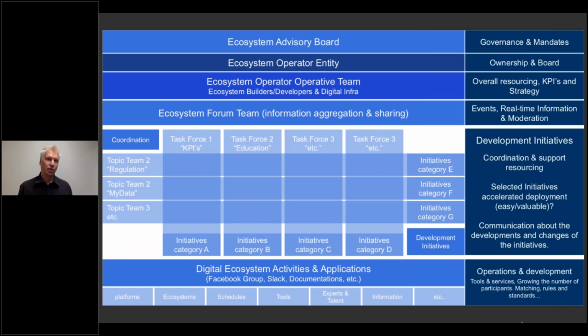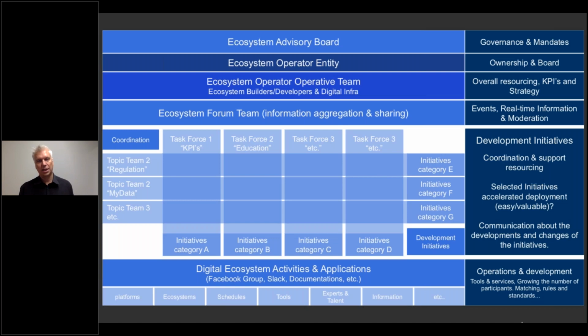So this way the operator really becomes the neutral middle actor for the ecosystem, only looking to make sure that all of the ecosystem actors are actually getting to the same shared destination.